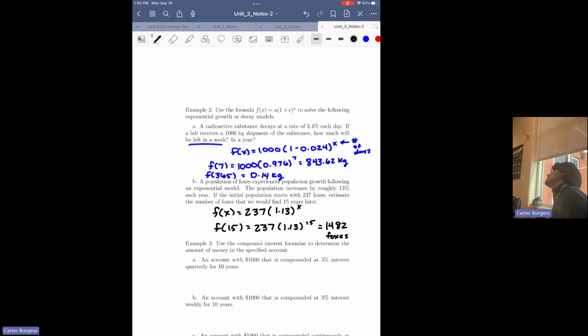Very good. Now, we are going to find that the two questions that we have just described were a very blunted approximation. First of all, in terms of population dynamics, fox populations are a lot more complicated than just increasing exponentially. This assumes the foxes have an infinite number of resources and that 13% isn't going to change.